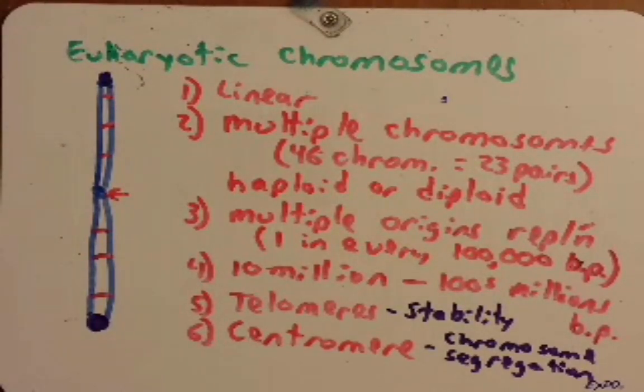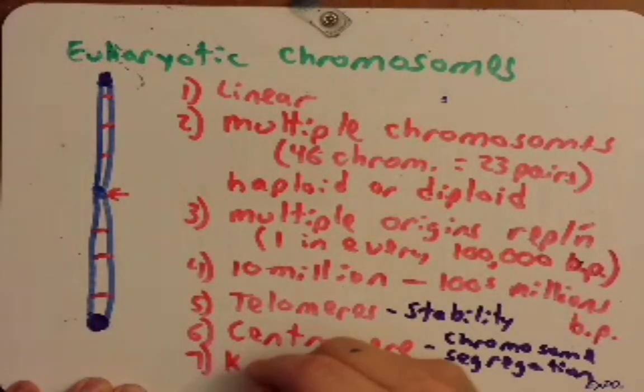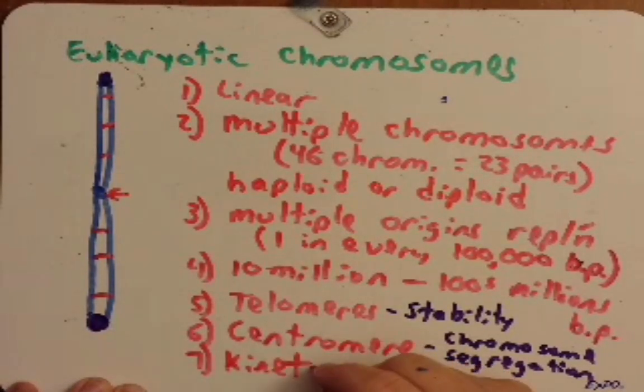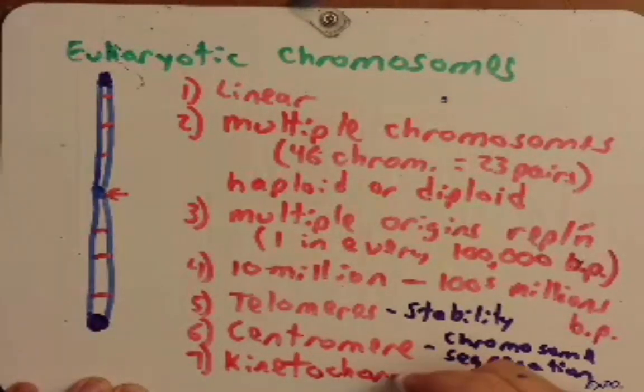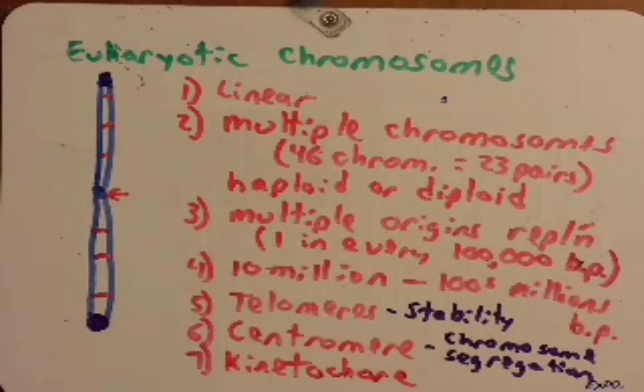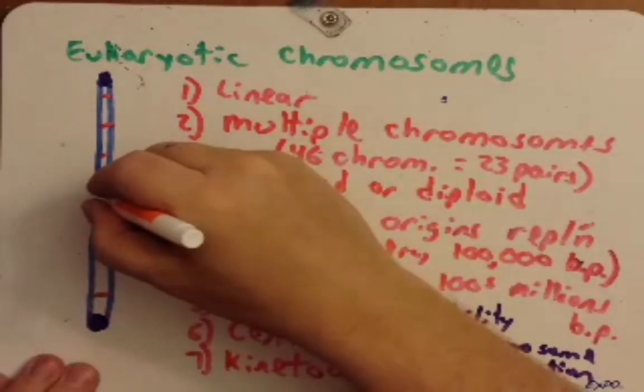They're important in chromosome segregation because at the centromere we have a group of proteins called kinetochore proteins. And I'm going to draw them in orange here, just give them a different color.